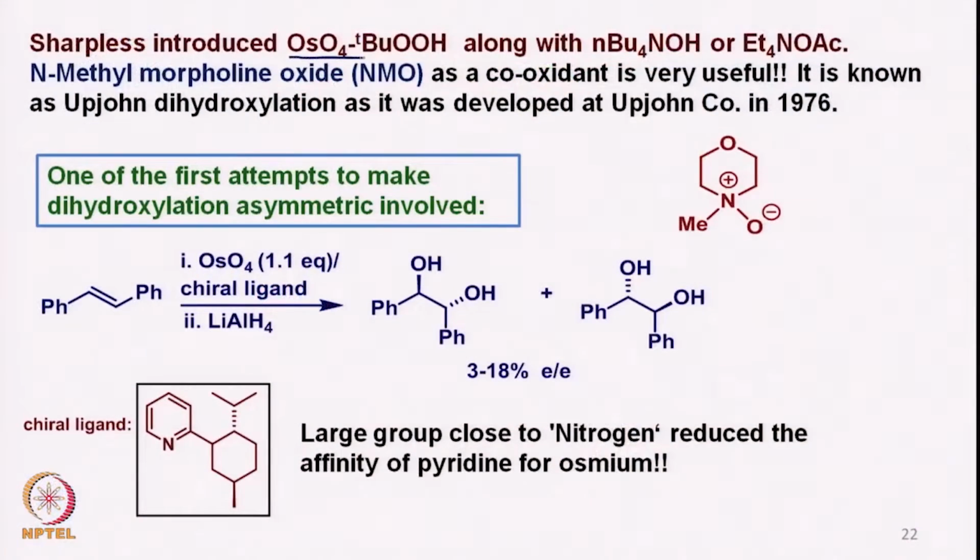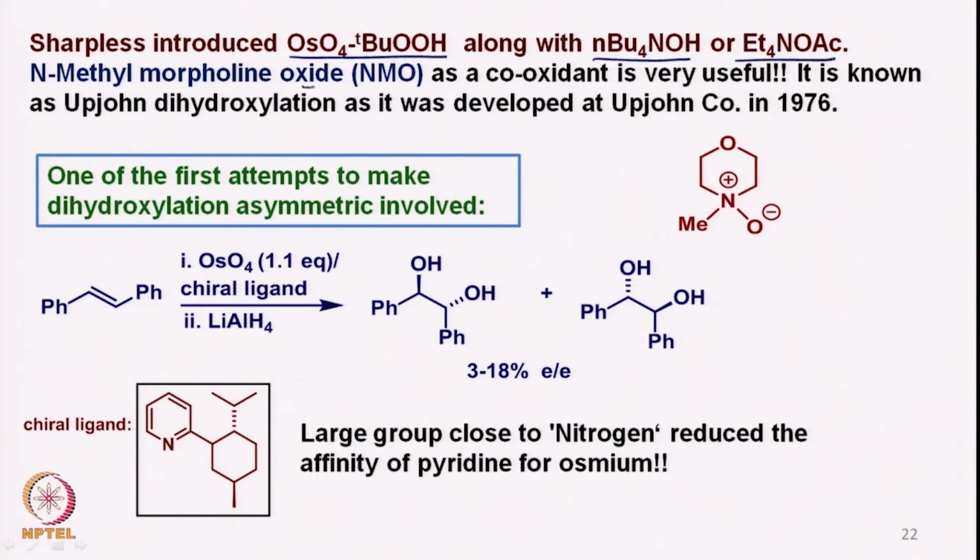Later on Sharpless also did some work in this area, and many other people, and accordingly Sharpless introduced tertiary butyl hydroperoxide along with osmium tetroxide as a co-oxidant, in the presence of these salts to dissolve the reaction in aqueous conditions.